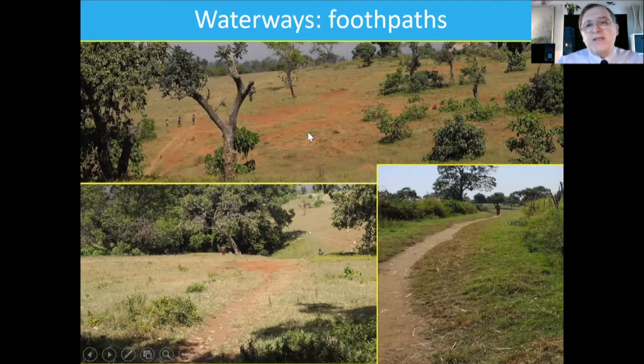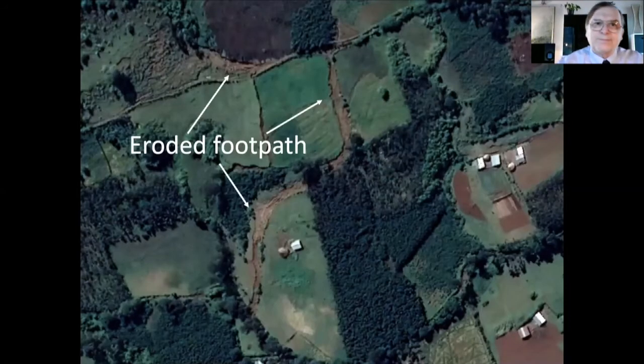In Ethiopia, in this area, we have one main rainy season, and 80% of the rain falls during this short rainy season. So you can imagine how much sediment. So the contribution of these footpaths is completely neglected by soil erosion models.